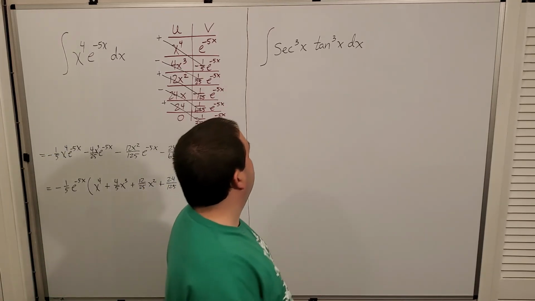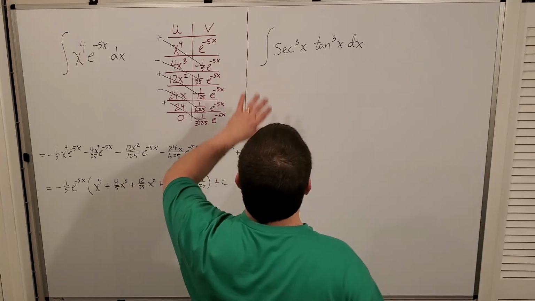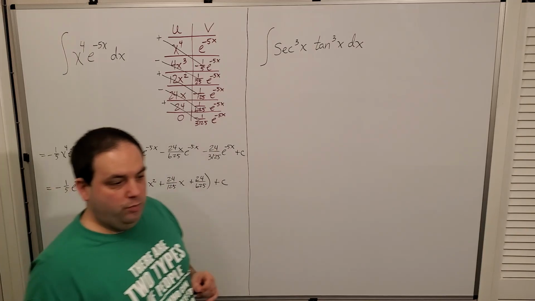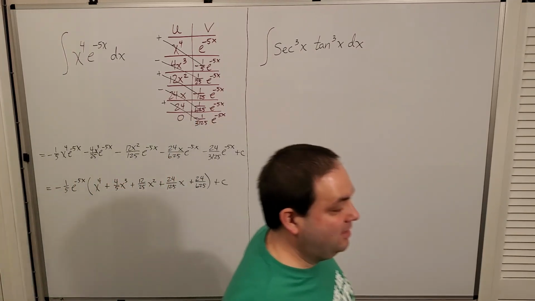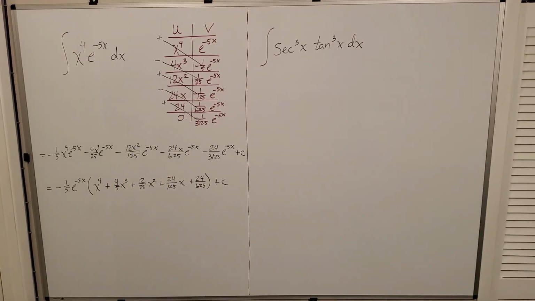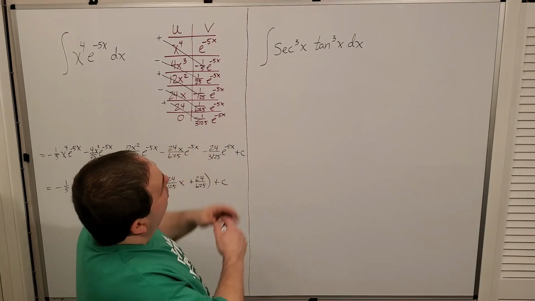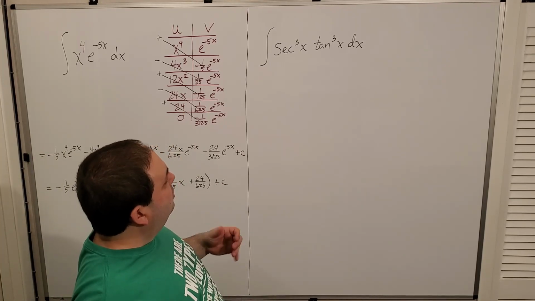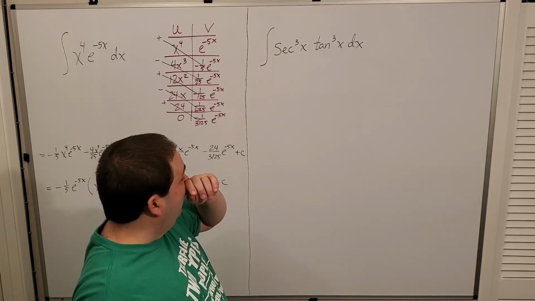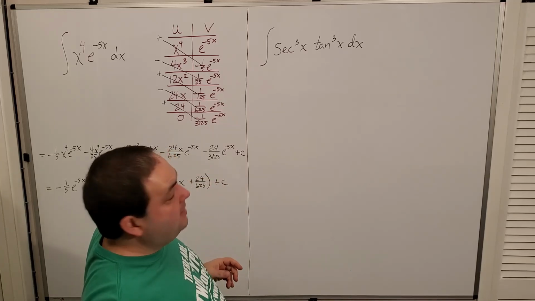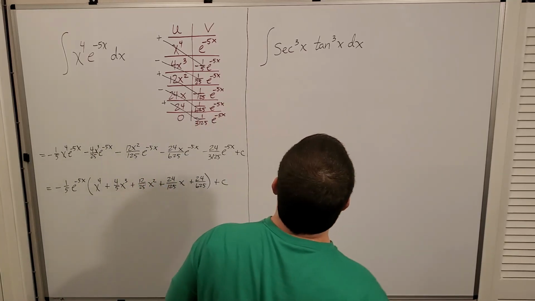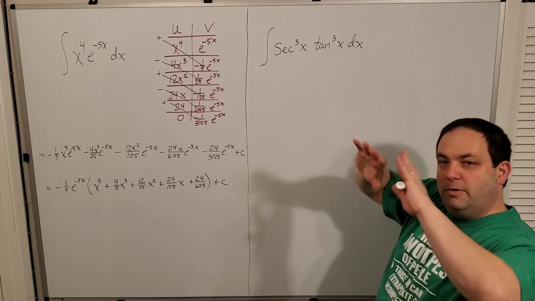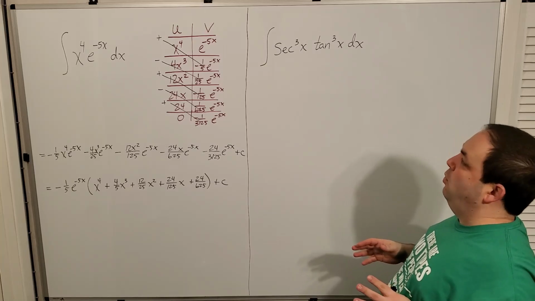Okay, next, I have the integral of secant cubed of x times tangent cubed of x. When I approach something like this, remember with these advanced trigonometric integrals, what I'm looking for is something that I can do a quick basic substitution on, right? I want to do a basic substitution so that I can make the trigonometry not be a major part of it anymore.